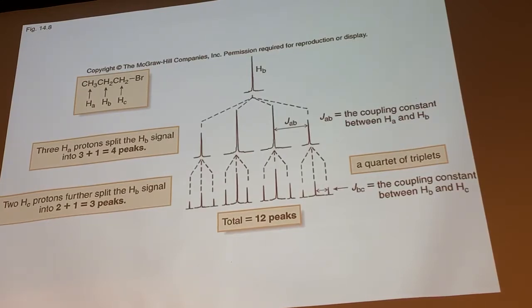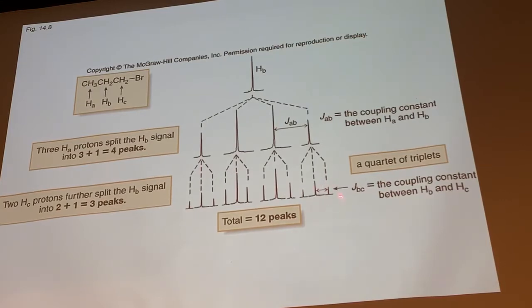Now we need to consider the impact of HC on HB. HC is going to split HB into a triplet if we apply n+1. But because we've already split it into a quartet, what we're doing is splitting each of these 4 peaks into a triplet. Okay? So we end up with a quartet of triplets, a total of 12 peaks.